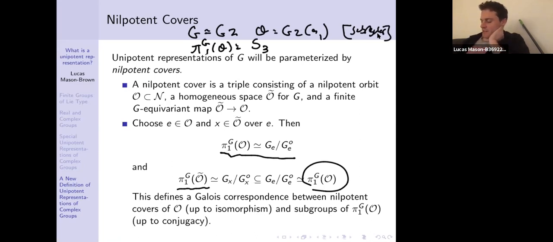And S3 has up to conjugation 4 subgroups. The trivial subgroup, there's a conjugacy class of subgroups isomorphic to Z2, isomorphic to Z3, and then S3 itself. And the trivial subgroup corresponds to the universal cover of O, and S3 corresponds to the orbit O itself, and Z2 and Z3 correspond to threefold and twofold covers, respectively.